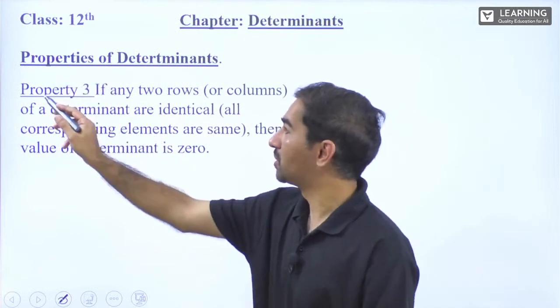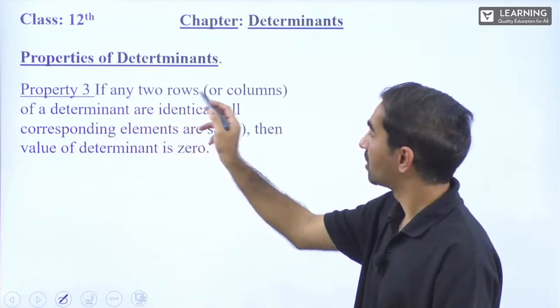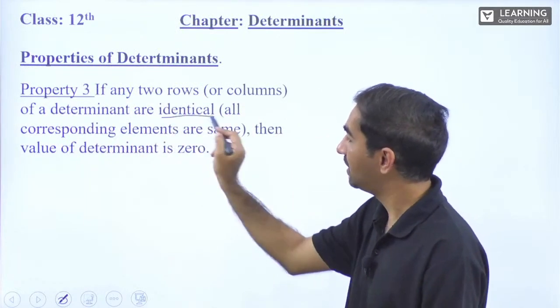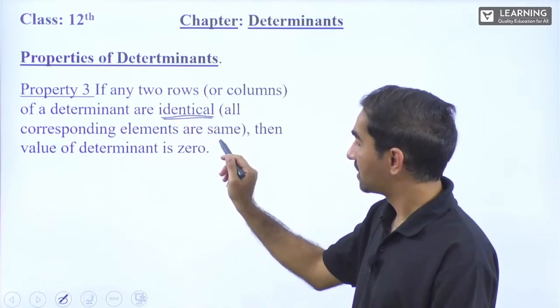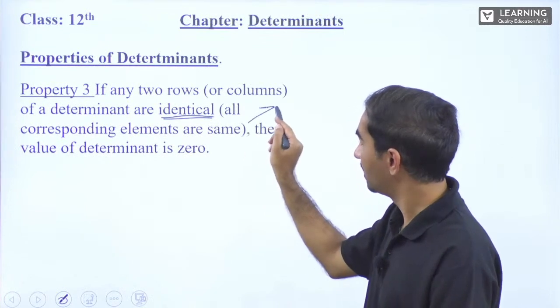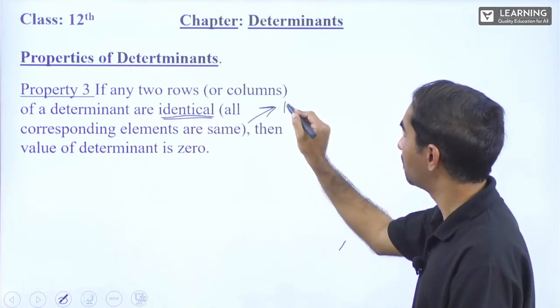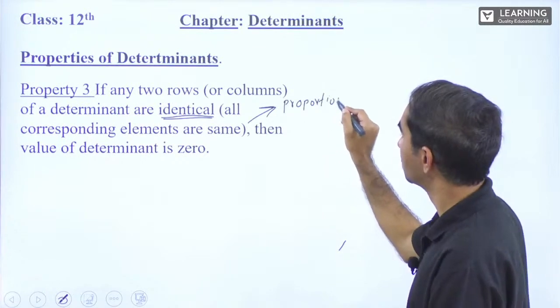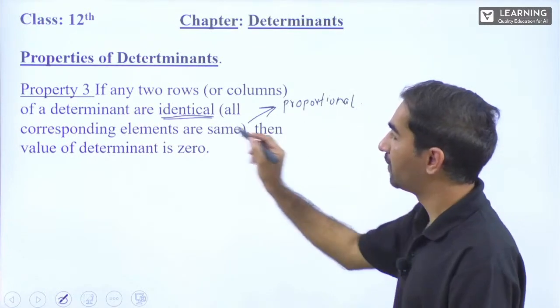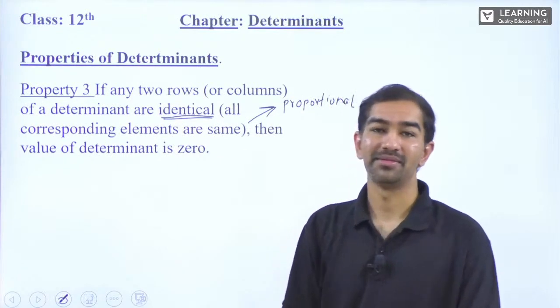Property 3, students. If any two rows or columns of a determinant are identical, all corresponding elements are same, you have to add another word here, that is called proportional, identical or proportional, then the value of the determinant is 0. Understanding?